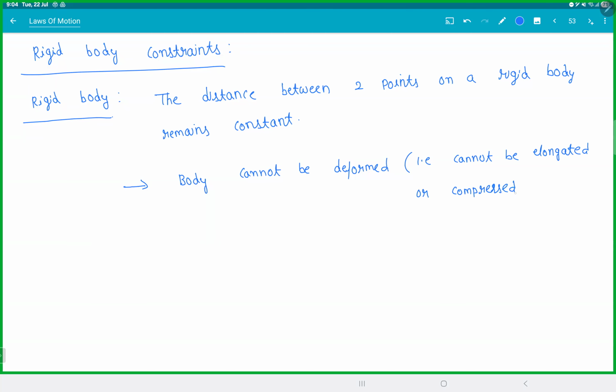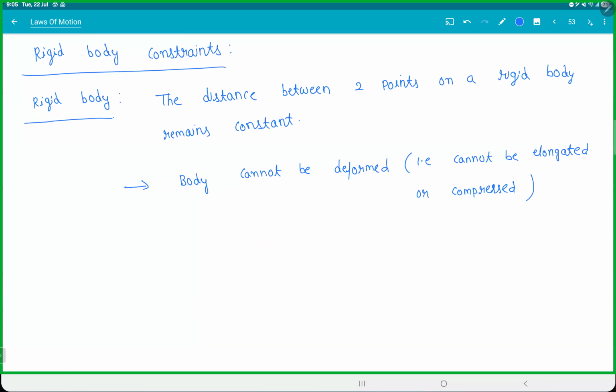You start getting pretty weird things with this. Meaning, when you say the distance doesn't change, what does it even mean? If you have a solid body and look at molecules, the molecules are always in a state of vibration. So if there are two molecules vibrating, that means the distance will change. So in a rigid body, the molecules are not supposed to vibrate. That means the body is at 0 Kelvin temperature. A rigid body will be pretty cold. A rigid body does pretty weird things.